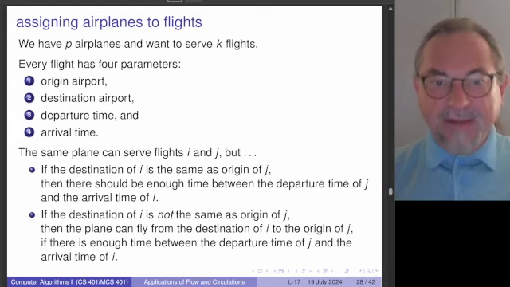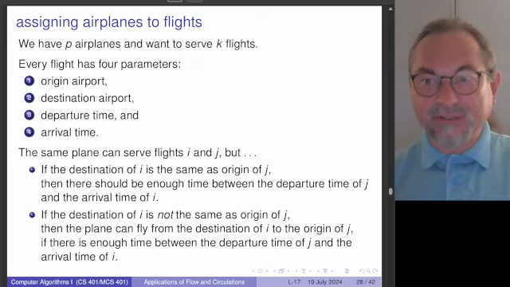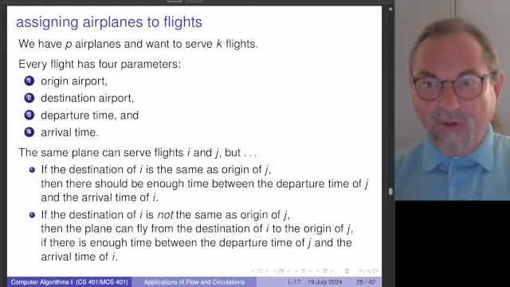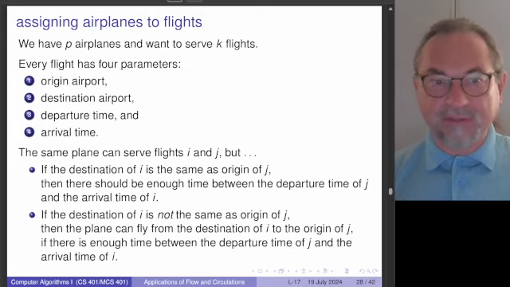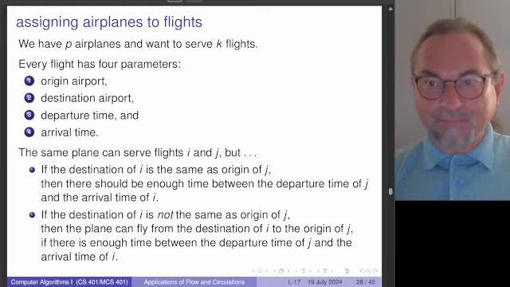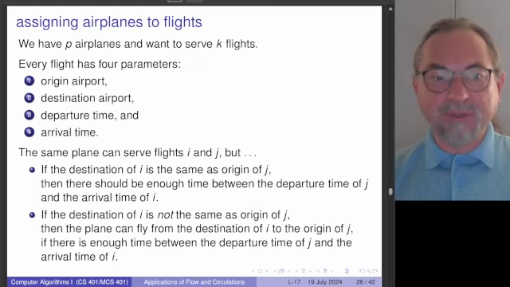It may happen that the destination of the previous flight is not the same as the origin, so we're considering two flights that not only have different times, but also different origins and destinations.